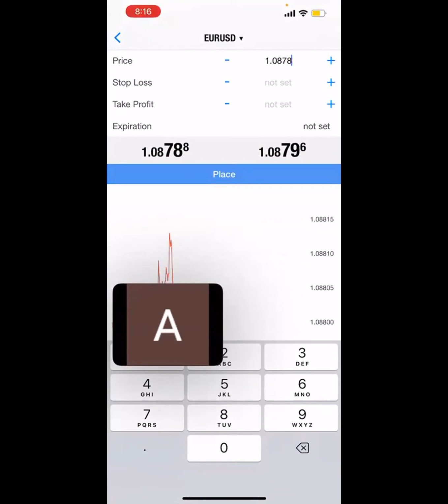Automatically, something will pop up. Let's put 1.078, 1.07850. Good. You can see the place has turned blue. Click on place.